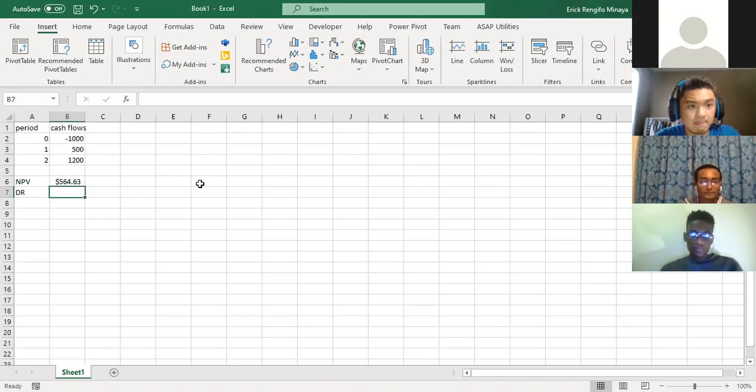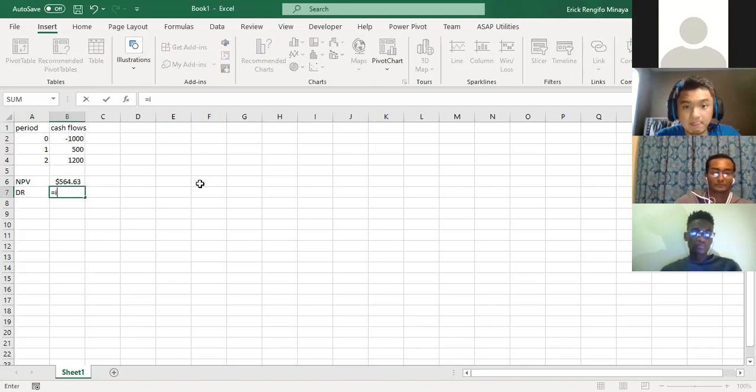So we can do our DR, our decision rule. So we can do an if condition. We can say that if this number here is larger or equal than 0, comma, we can write do project, else reject project. Something like that. So we can have a decision rule here.